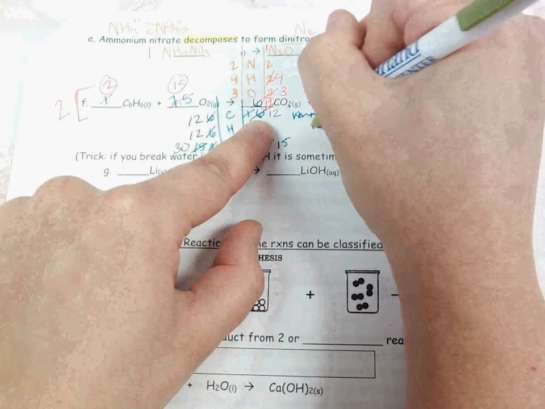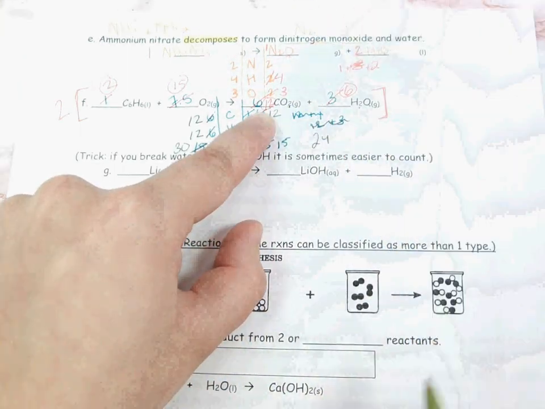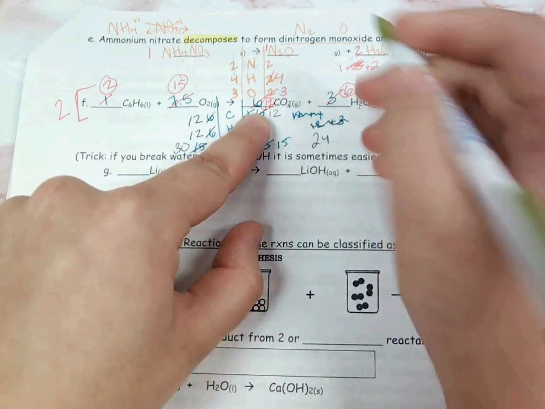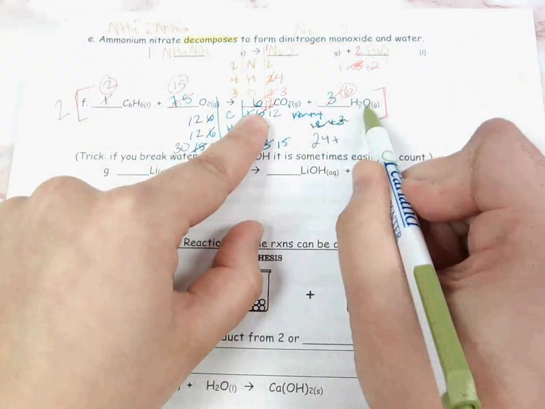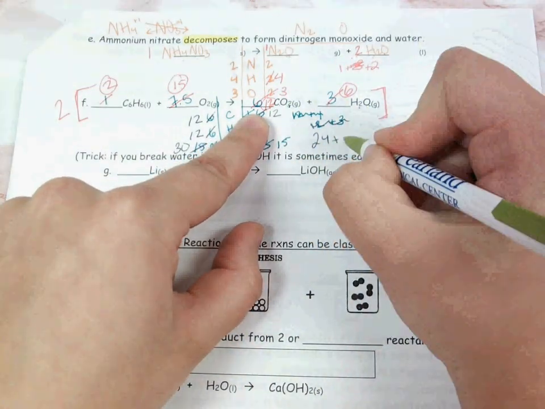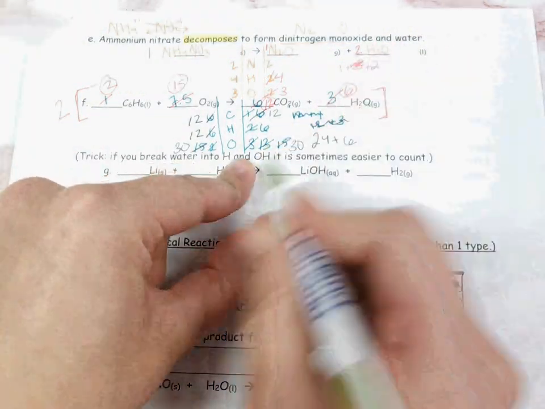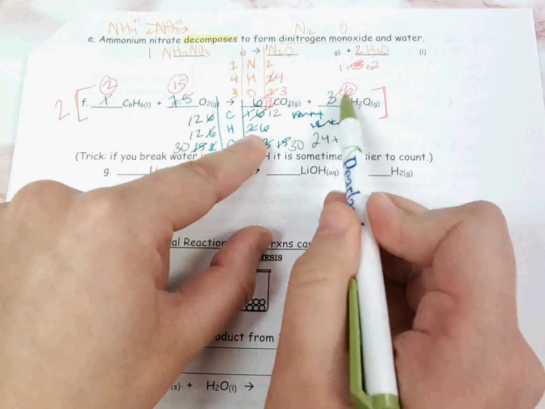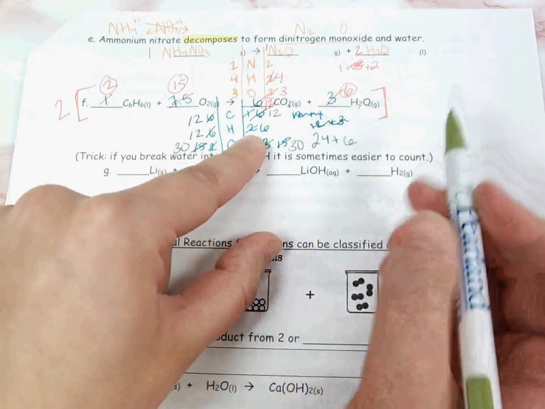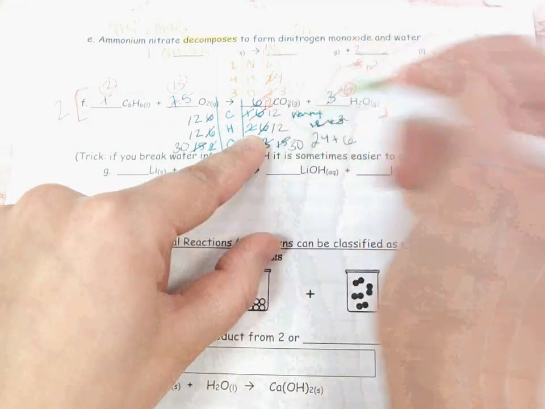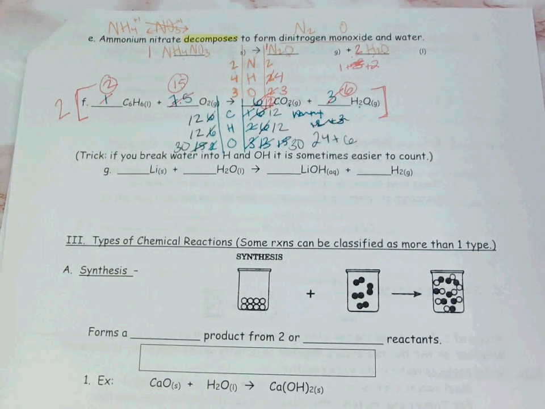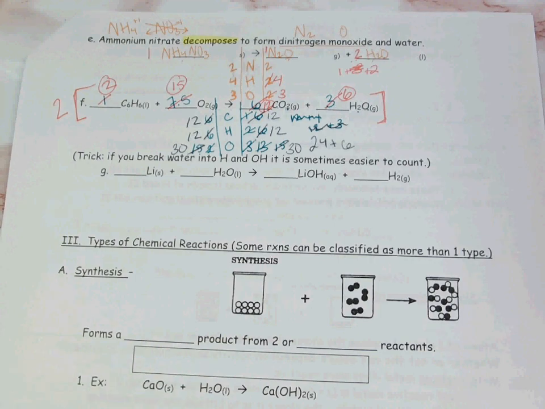So 24 oxygens from CO2, plus I have 6 times 1 oxygen gives me 6, so I have a total of 30 oxygens on my product side, and then hydrogen is 6 times 2, so 12. Is everything still balanced?